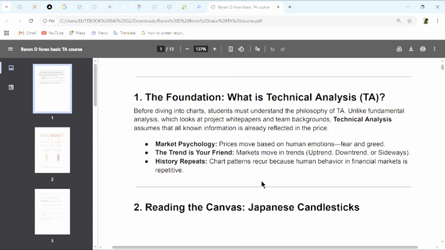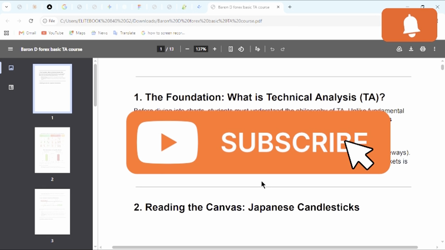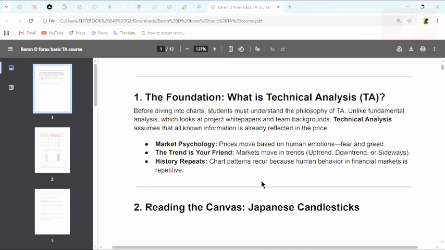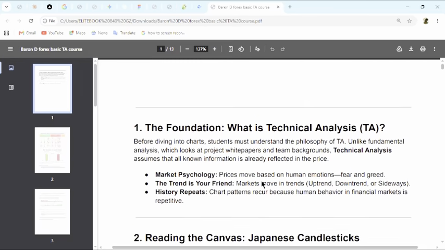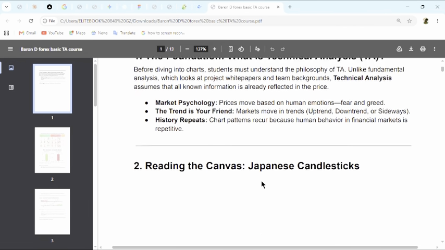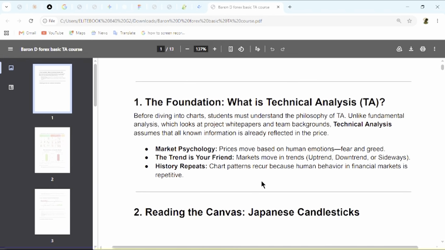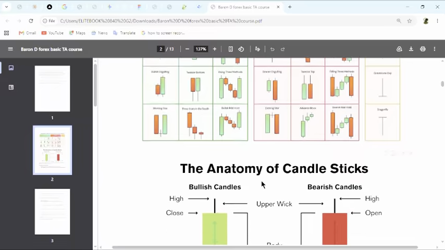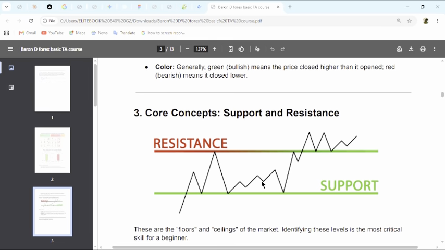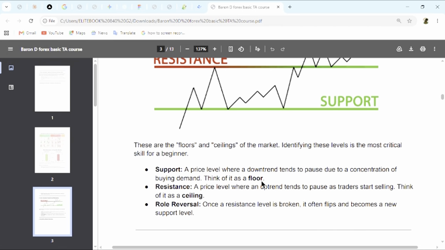On our previous video, we spoke about the basic terminologies, the basics of technical analysis, candle anatomy, reading the candle, the foundation, what technical analysis is, and candlestick patterns. We spoke about resistance and support.